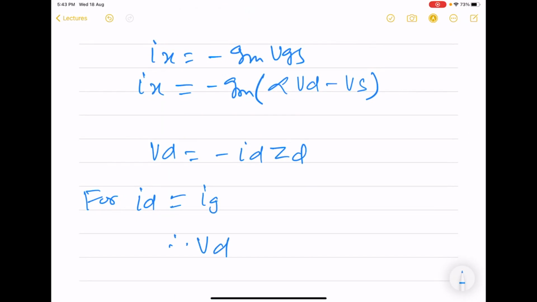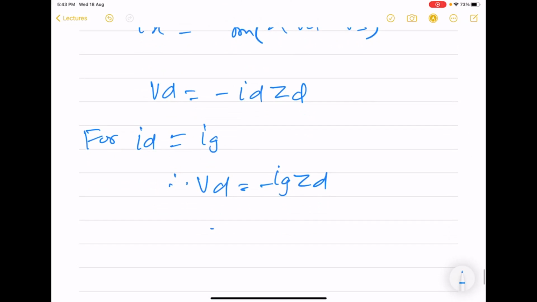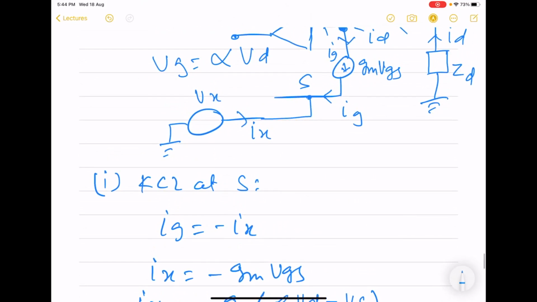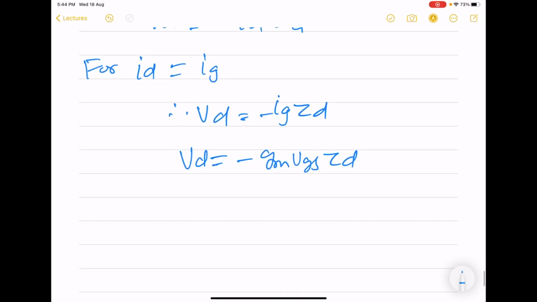So therefore, VD is minus IG ZD equal to minus GM VGS ZD. And that is okay, but that is not going to lead to meaningful things. So here we find that Ig is minus Ix. So in fact, there is no need to go to this stage. From here, we could go to Ix ZD.